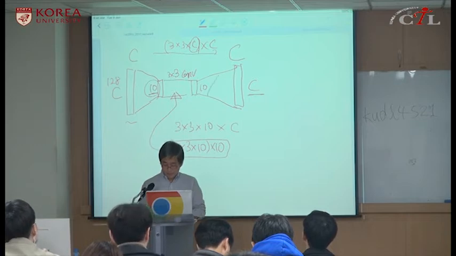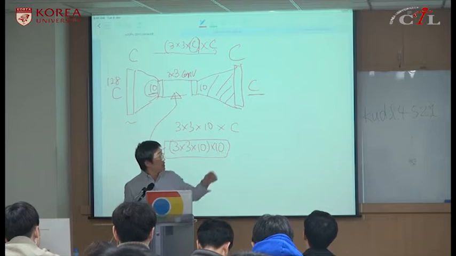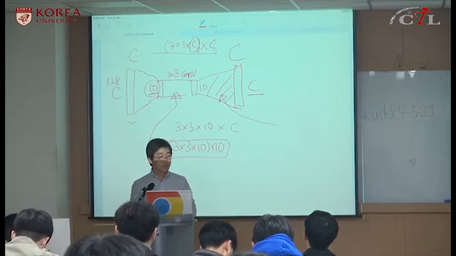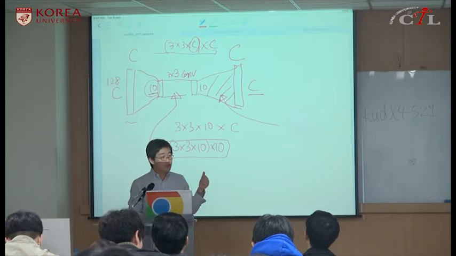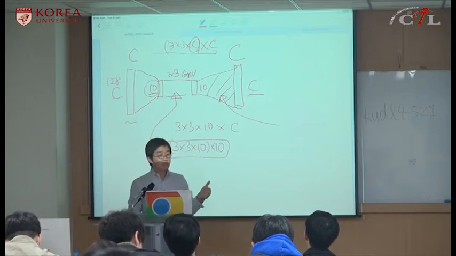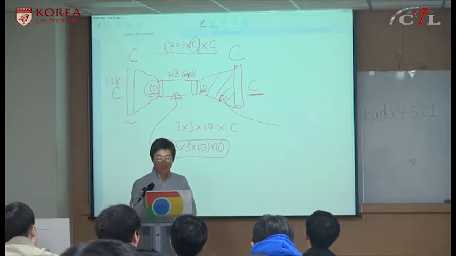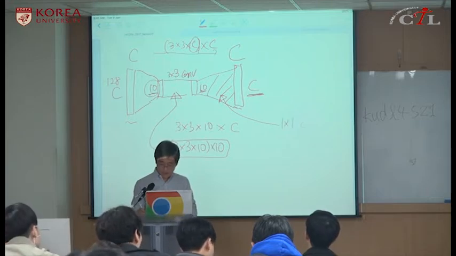And then now we apply another 1x1 conv in this dashed part, right? So now, rather than reducing the dimensionality or reducing the channel, we actually increase the channel from 10 to C. Okay, so in this case, it is also designed as 1x1 conv.